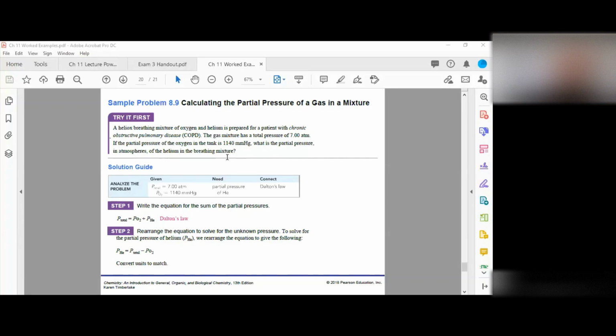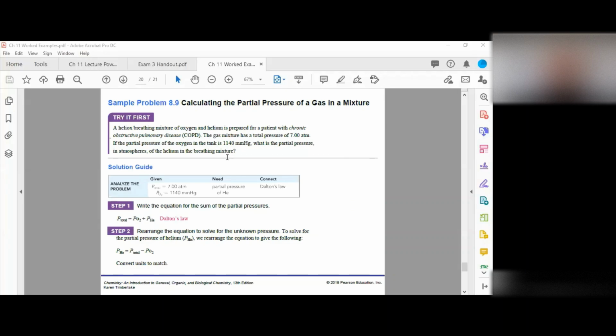So obviously, the challenging part here is to recognize that we're dealing with a Dalton's law question. The fact that it's talking about total pressure and partial pressure of one and partial pressure of a second, then right away I need to think of P total equals partial pressure of A plus partial pressure of B. A being oxygen, B being helium.